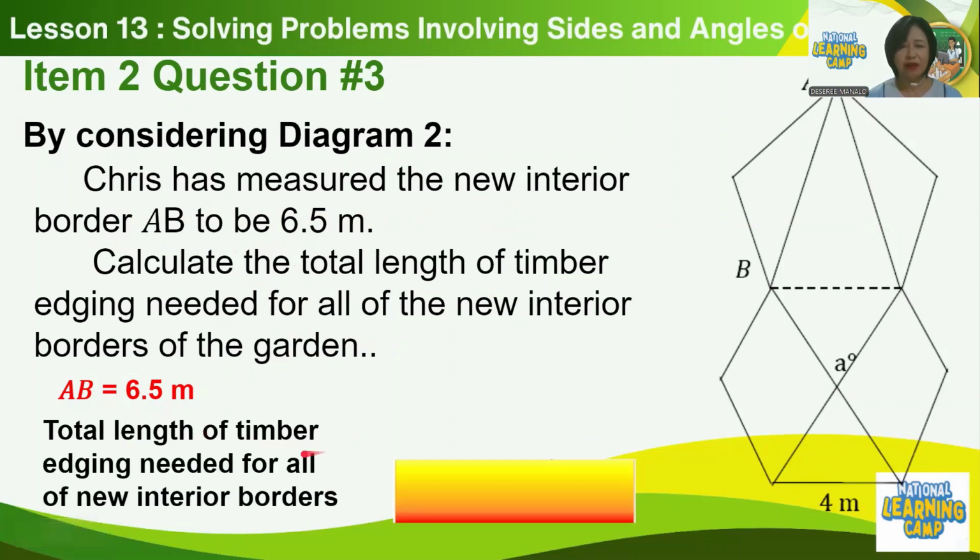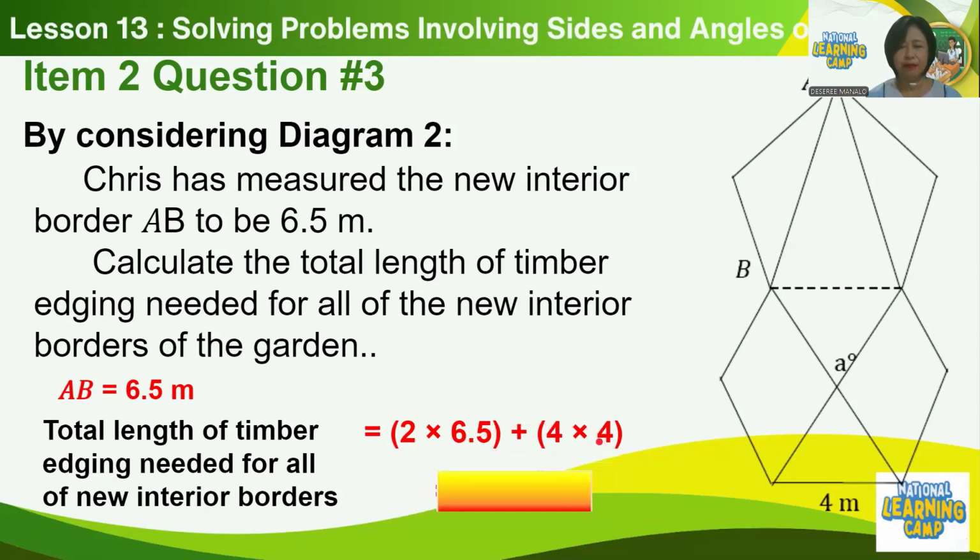Total length of timber edging needed for all of the new interior borders. We will have 2 times 6.5 plus 4 times 4. 2 times 6.5 is 13 and 4 times 4 is 16. Therefore, our answer is 29 meters.